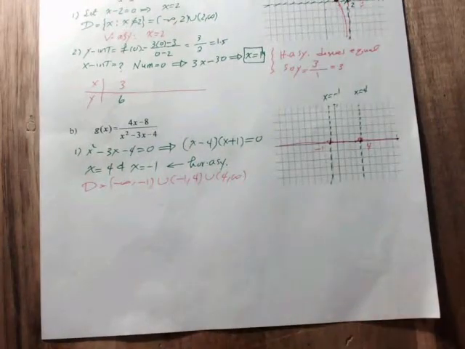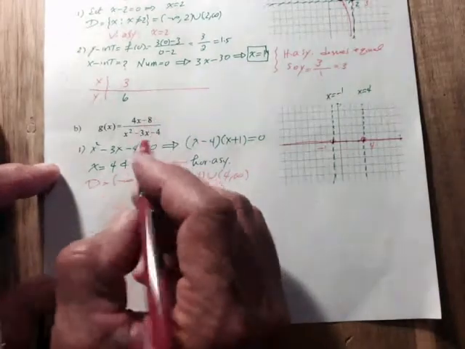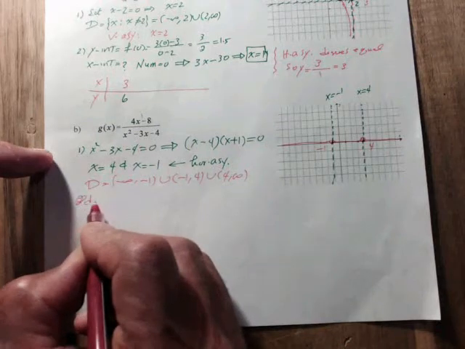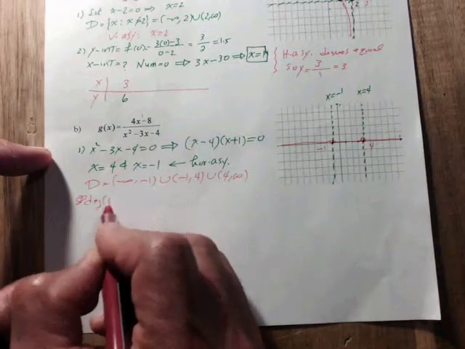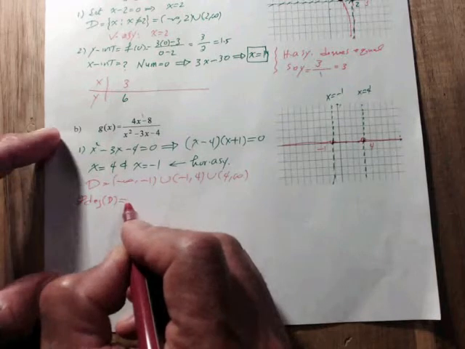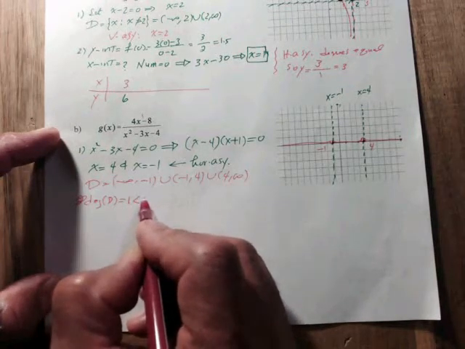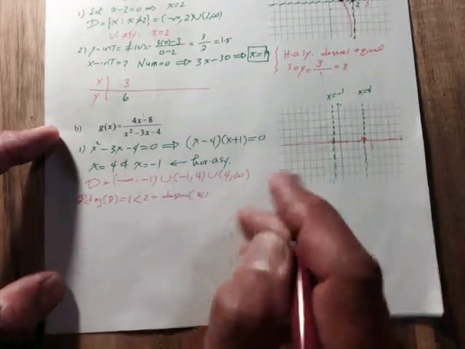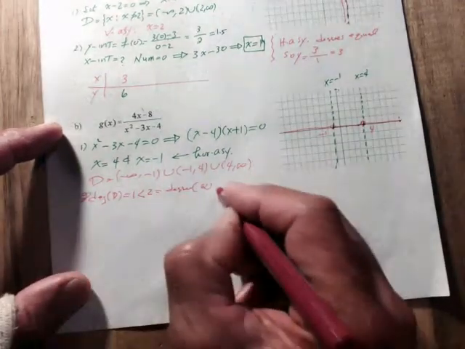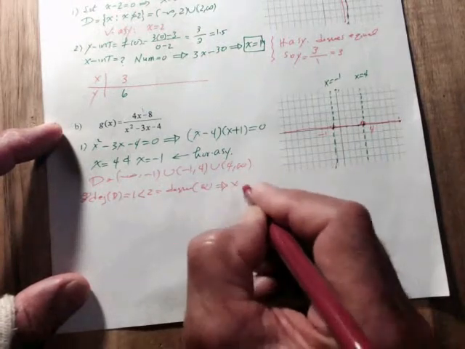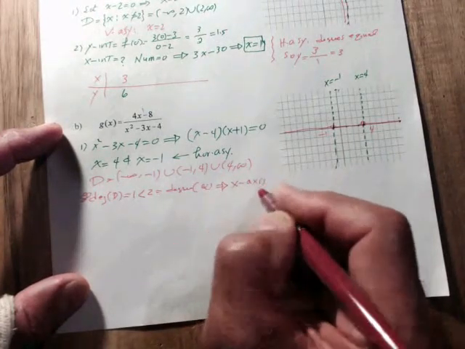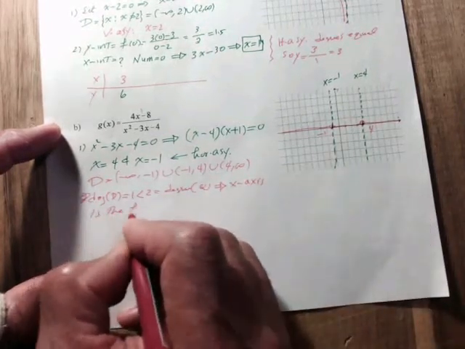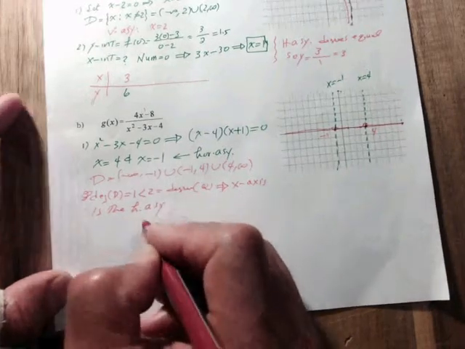Horizontal asymptote, you see, the degree of the numerator is 1, and the denominator is 2. Degree of P is equal to 1, less than 2, the degree of Q. So the degree of the numerator is smaller, that means the x-axis is the horizontal asymptote.